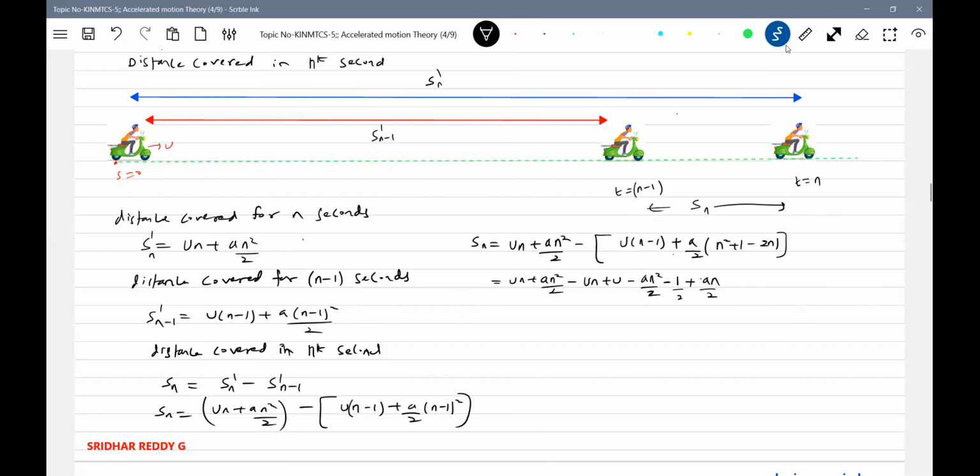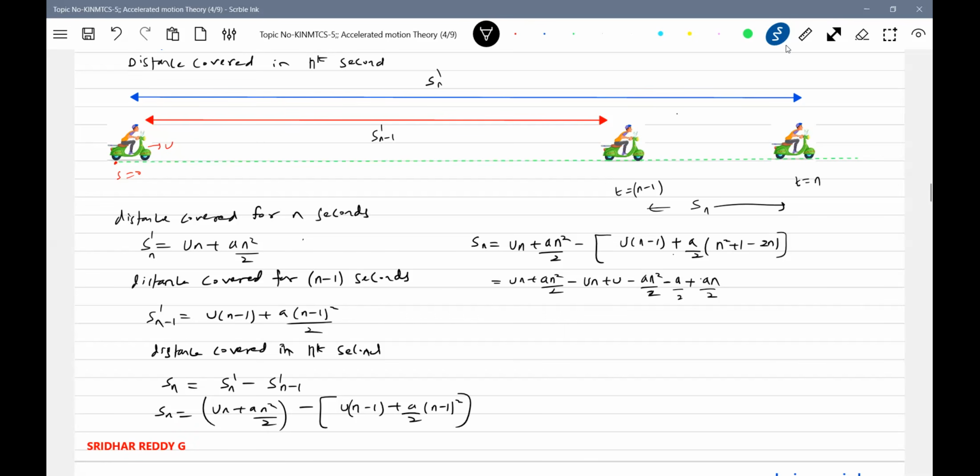Whole divided by 2 is there, no? So after expanding the bracket, un minus un, plus u, an square by 2 minus an square by 2, will come a by 2 multiplied with minus, so minus a by 2. Okay, this should be the a by 2, no? Yeah.